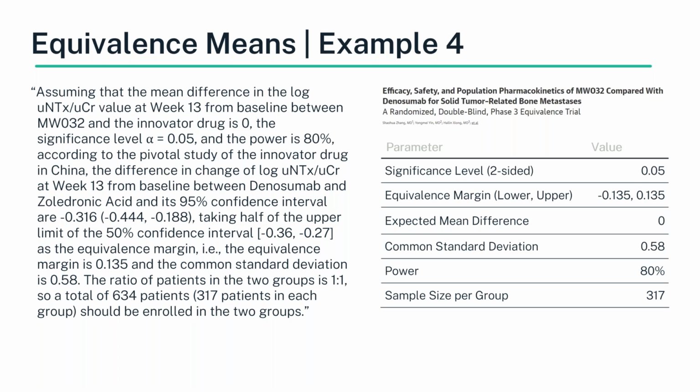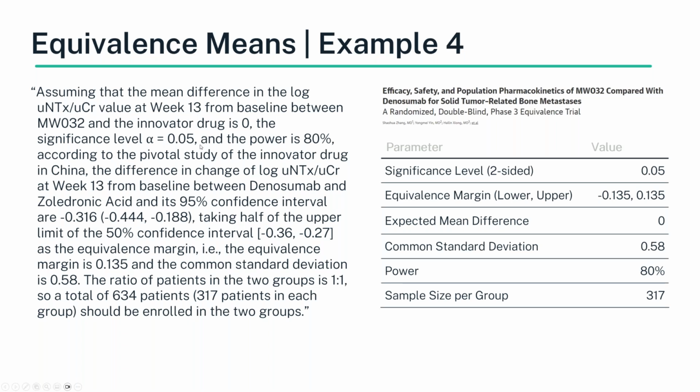This comes from a trial of a proposed denosumab biosimilar, MW032, for the treatment of solid tumor-related bone metastasis. This term here, UNTX over UCR, per the protocol, is an abbreviation for a bone turnover marker that was the primary endpoint for the study.